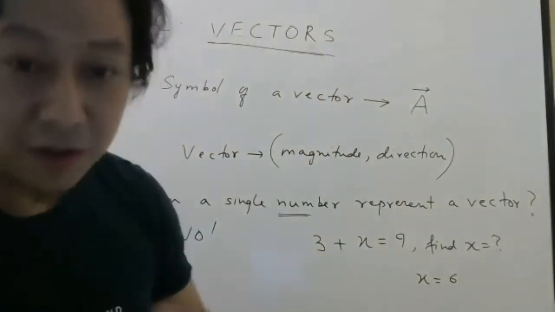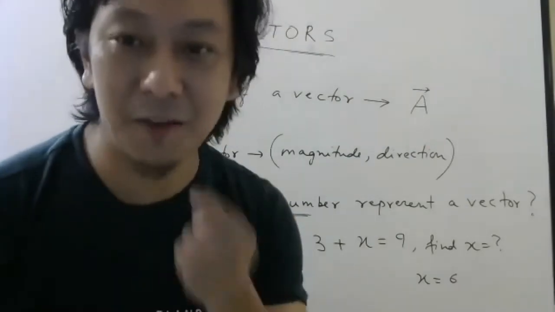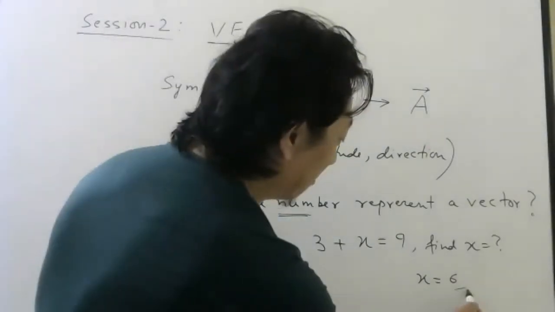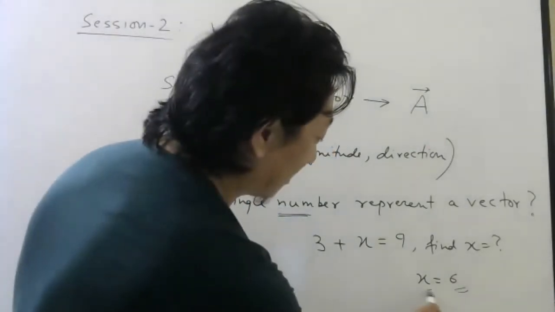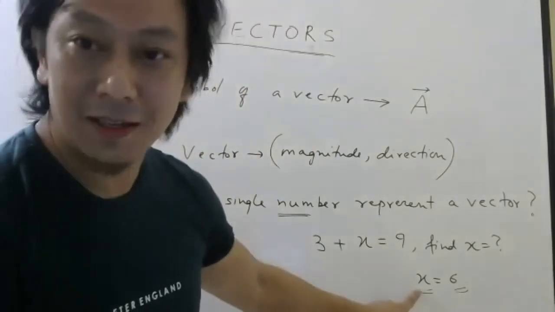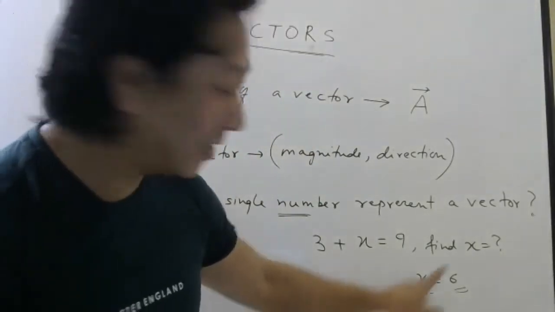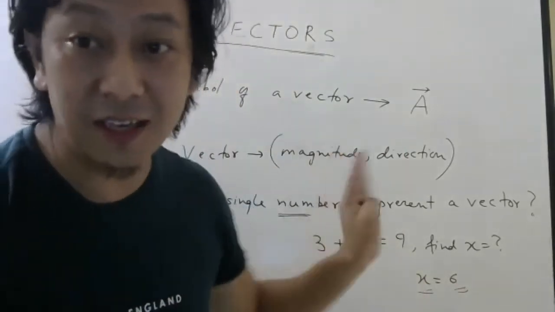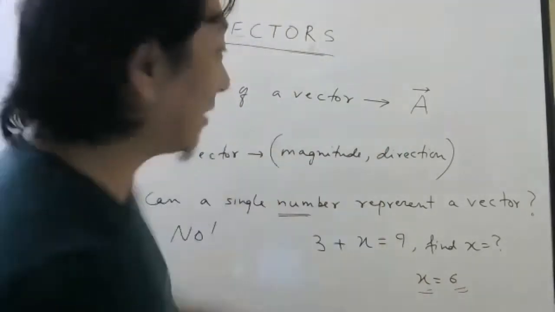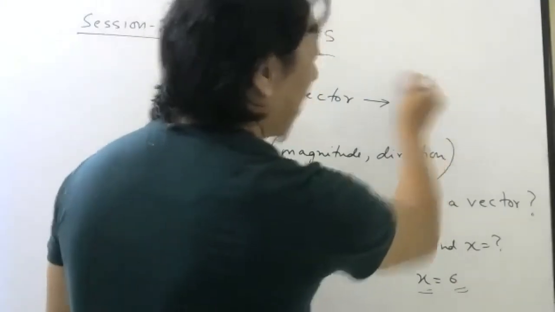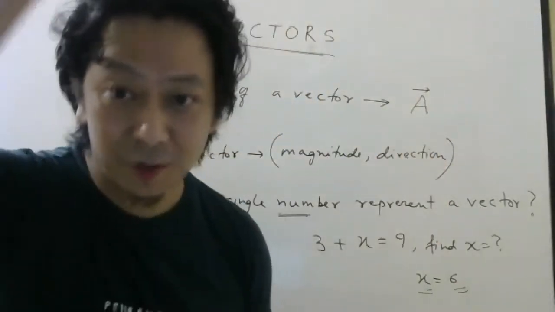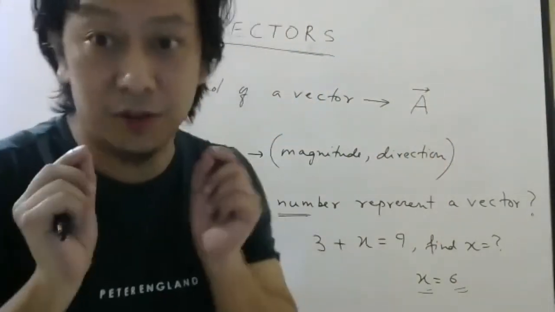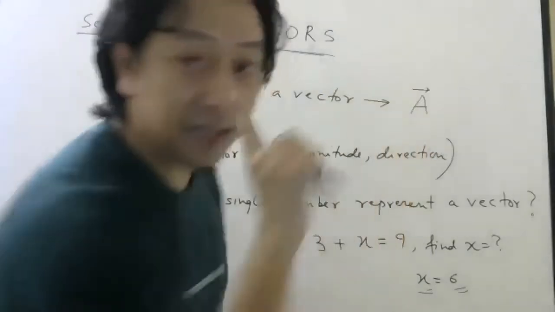Right? So in school, you have a habit of writing numbers for letters, which I don't want, because a vector is not a single number. That is why I am going to put an arrow mark here. When you see the arrow mark, you will know that this is not a single number.